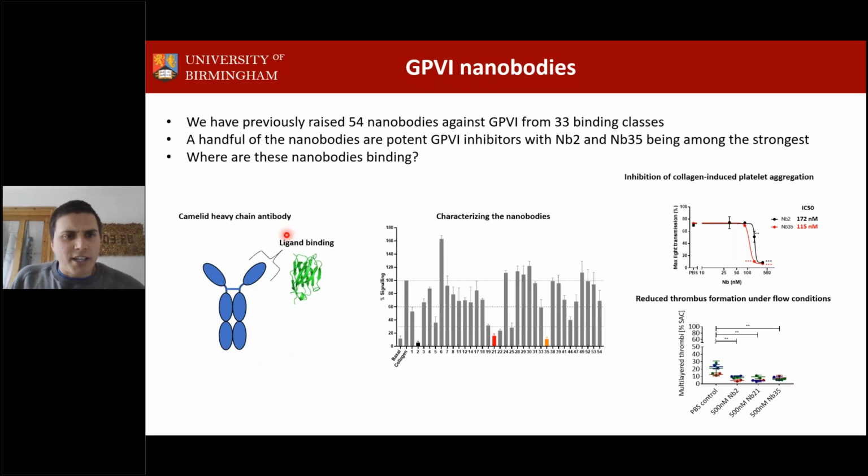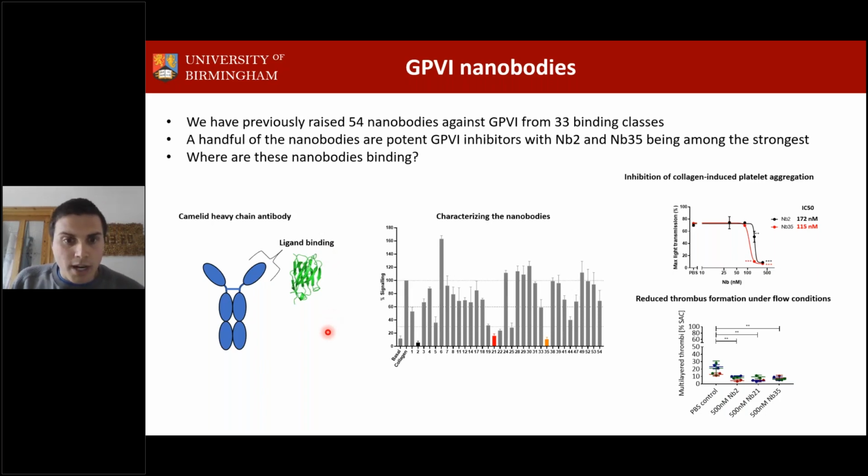We were interested in looking at if we could use these nanobodies as potential inhibitors or as probes to target GP6. And so we got 54 nanobodies straight away from 33 binding classes. That means we potentially had 33 different binding epitopes throughout the whole 54 nanobodies.